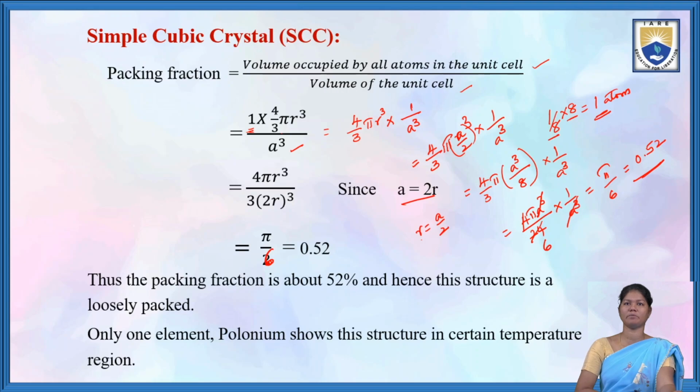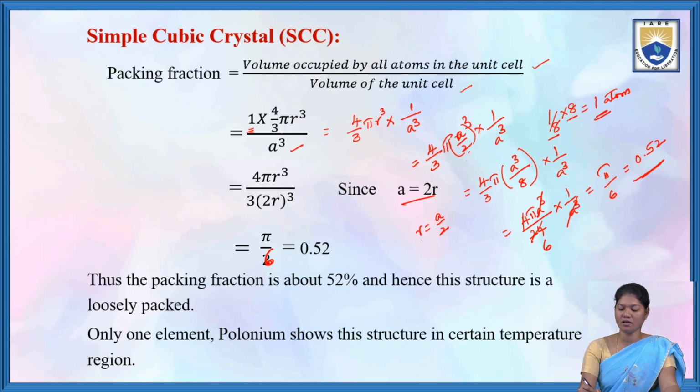So the atomic packing fraction is the volume occupied by all atoms in the unit cell. Only one atom, so how much volume can it occupy? 1 into 4 by 3 pi r cube by a cube. So it is equal to 4 by 3 pi, a by 2 whole cube, into 1 by a cube.